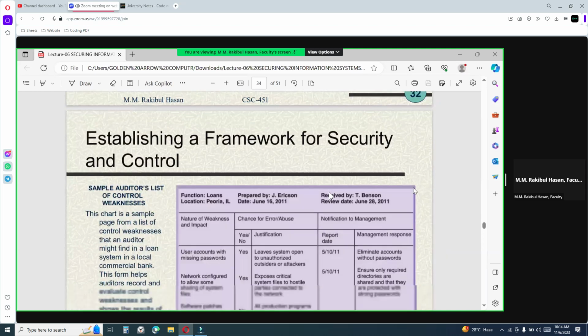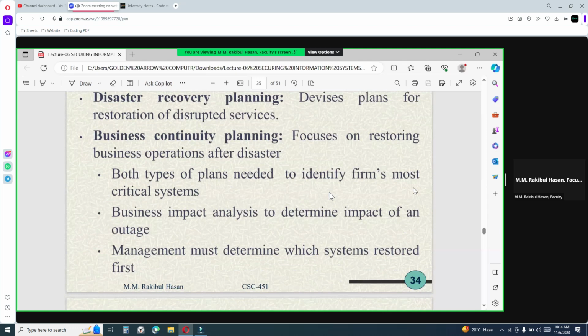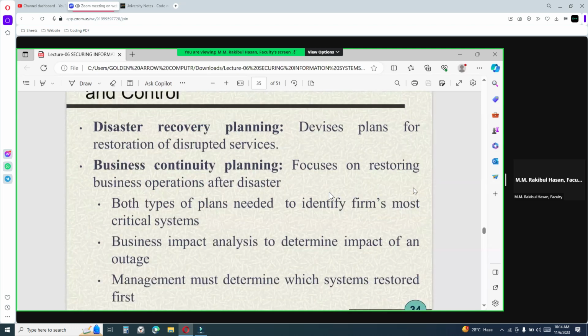Number 6, disaster recovery plan. Number 7, business continuity plan. These are the 7 points you should keep in your mind while you are thinking about a security framework. Okay. So now we're going to learn about these 7 points one by one.